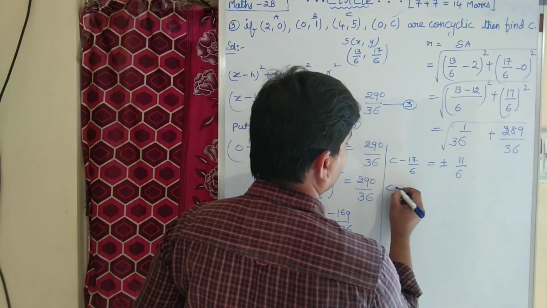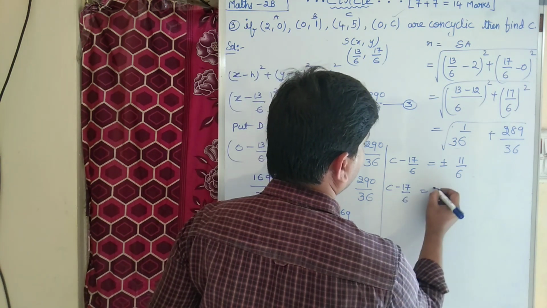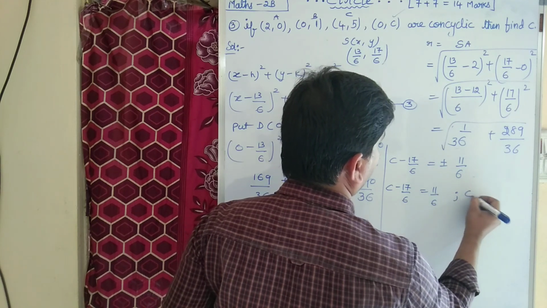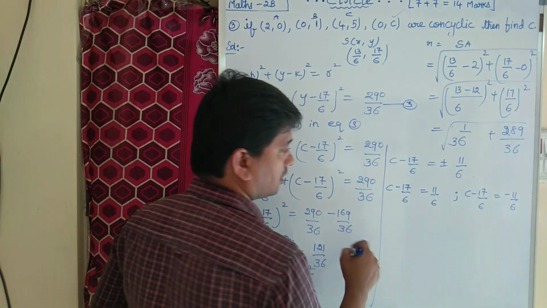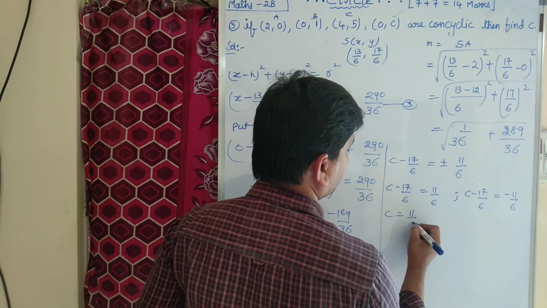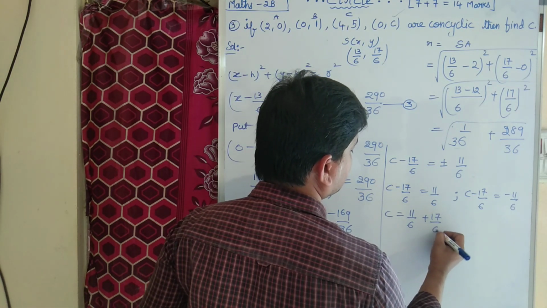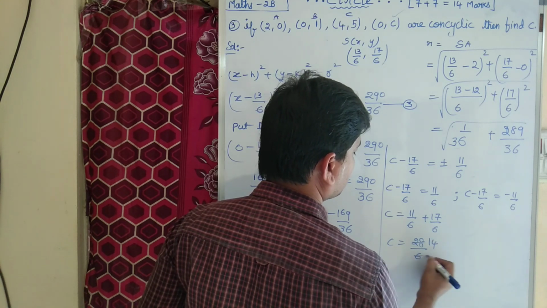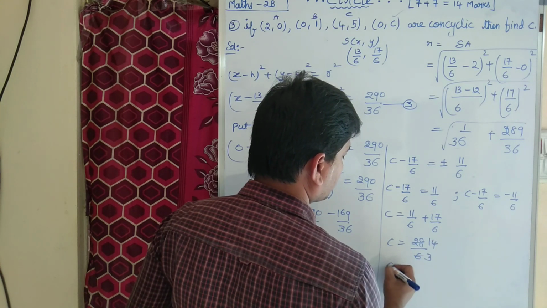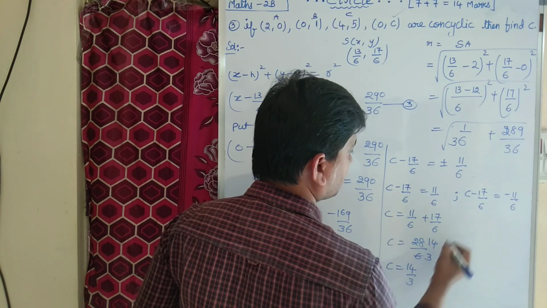So one time c minus 17 by 6 equal to plus 11 by 6. Other time c minus 17 by 6 equal to minus 11 by 6. Transpose: 11 by 6 plus 17 by 6 is 28 by 6. 2 ones are 2, 2 threes are 6, 2 fourteens are 28. So one value is c equal to 14 by 3.